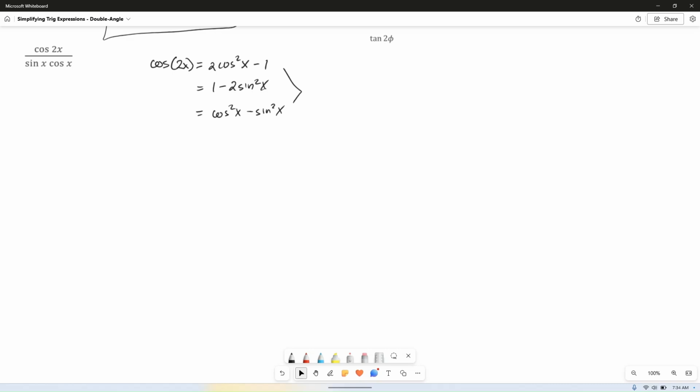As I take a look at the original problem, notice we have a sine x and a cosine x in the denominator. So I'm thinking let's use the identity that has both a sine and a cosine in it. I'm going to rewrite the cosine of 2x as the cosine squared x minus the sine squared x, all over a sine x and a cosine x.